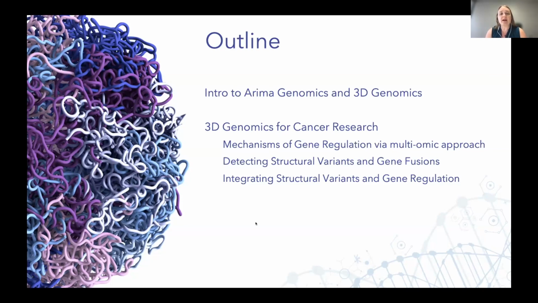I'll talk first about how we can use 3D genomics in concert with other omics approaches to explore the mechanisms of gene regulation. And secondly, we'll discuss how to wield 3D genomics data as a tool to identify structural variants such as gene fusions. And finally, I'll talk about how to integrate the identification of structural variants with information about how that perturbs gene regulation in the local environment around a structural variant. So let's jump right in.